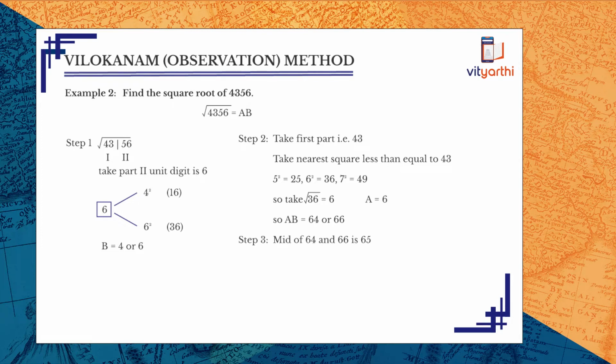In step 3, we have to find the mid value of 64 and 66, and it is 65. Now 65 square is 4225. We can find 65 square by using the Ekadhikena Purvena Sutra. In step 4, we can compare the values.